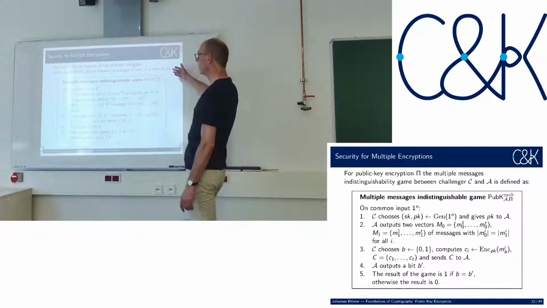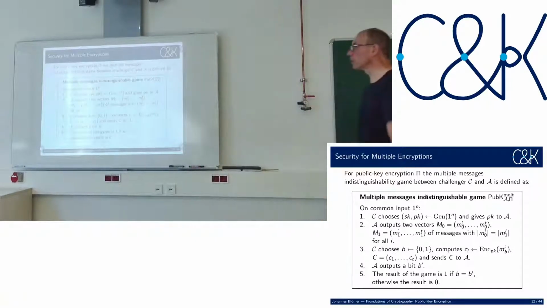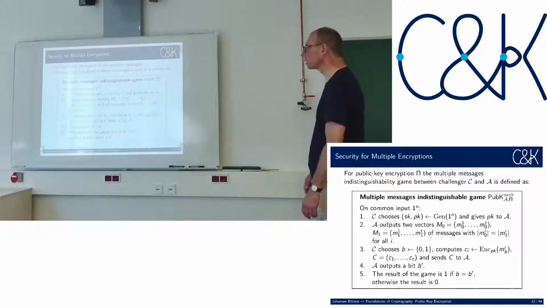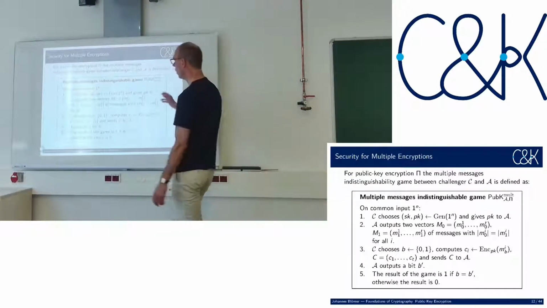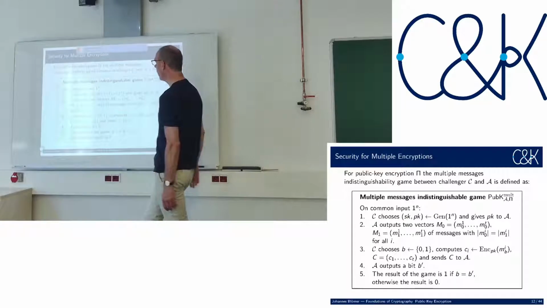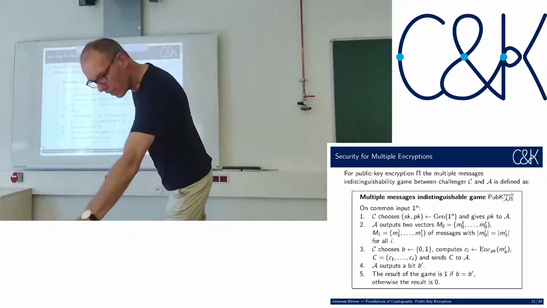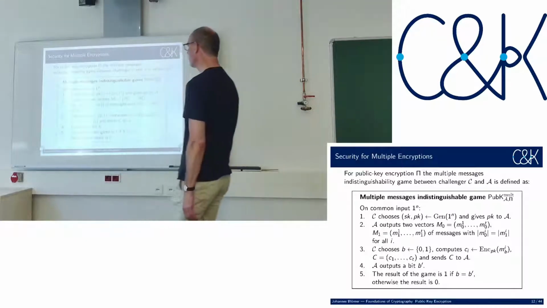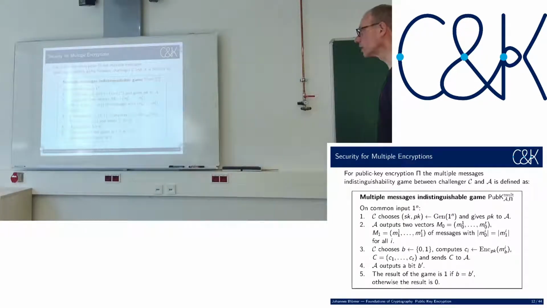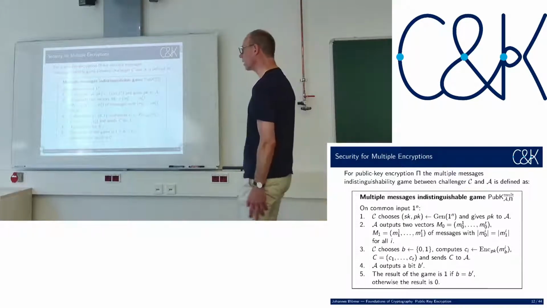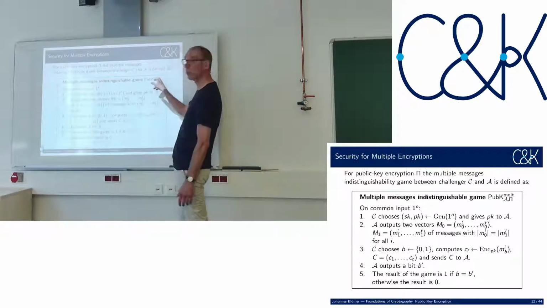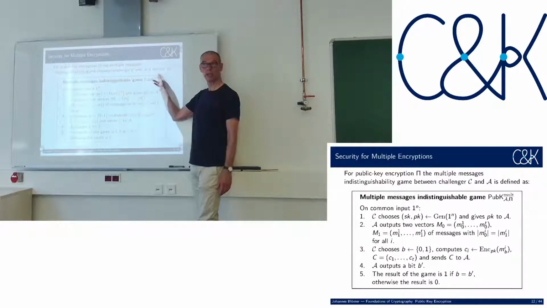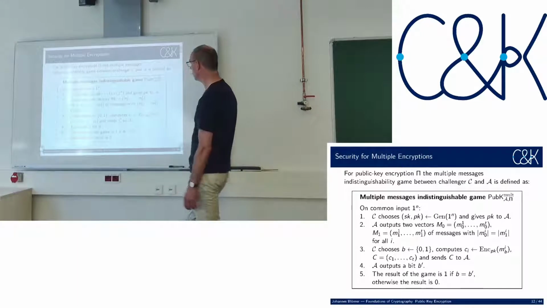First, let's define the security for multiple encryptions, or indistinguishability for multiple encryptions. Again, for a public key encryption scheme pi, the multiple messages indistinguishability game between a challenger C and an adversary A is defined as follows. I denote it with mult as a superscript.